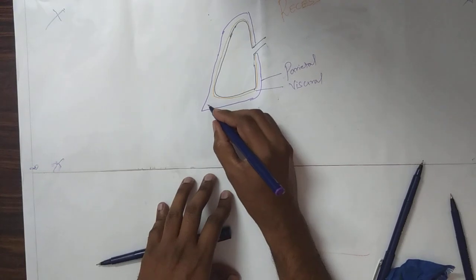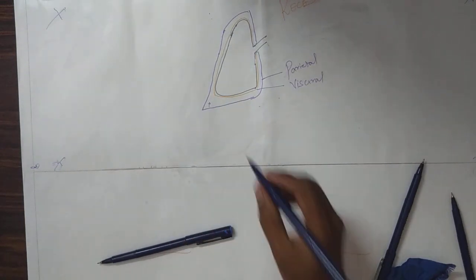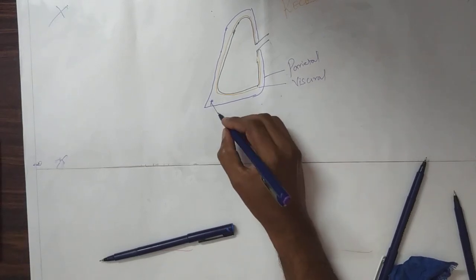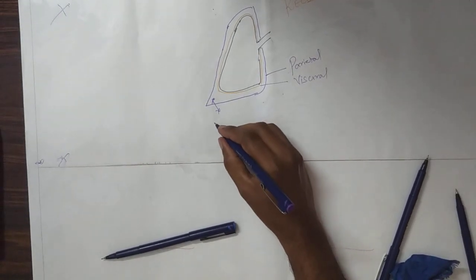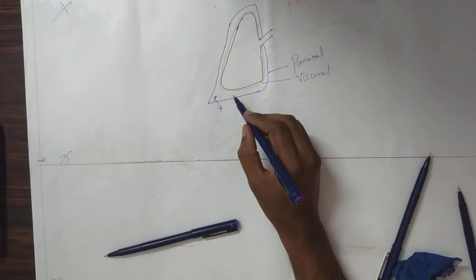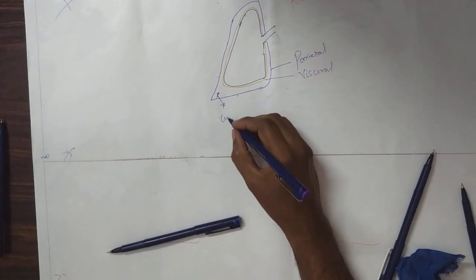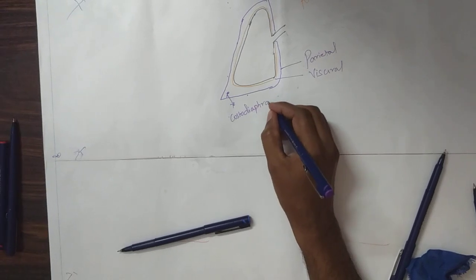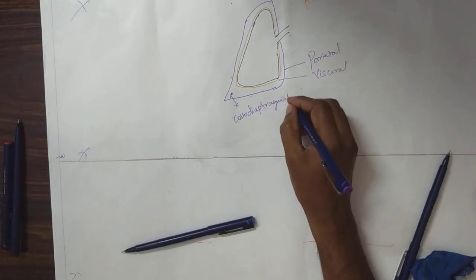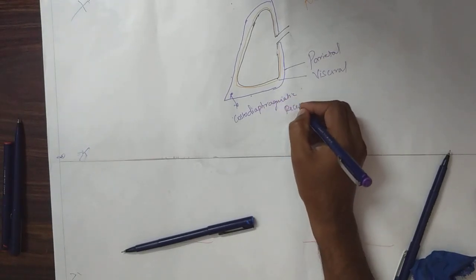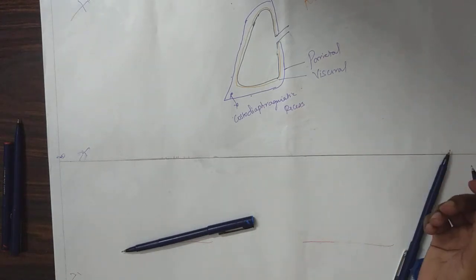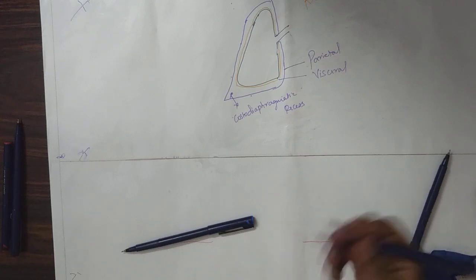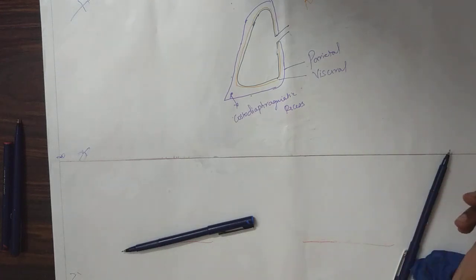Here, if you see this point, we have a big gap. This is between the costal pleura and the diaphragmatic pleura: the costodiaphragmatic recess. What is the importance of this? Whenever we take a deep inspiration, this gap allows the lung to expand.